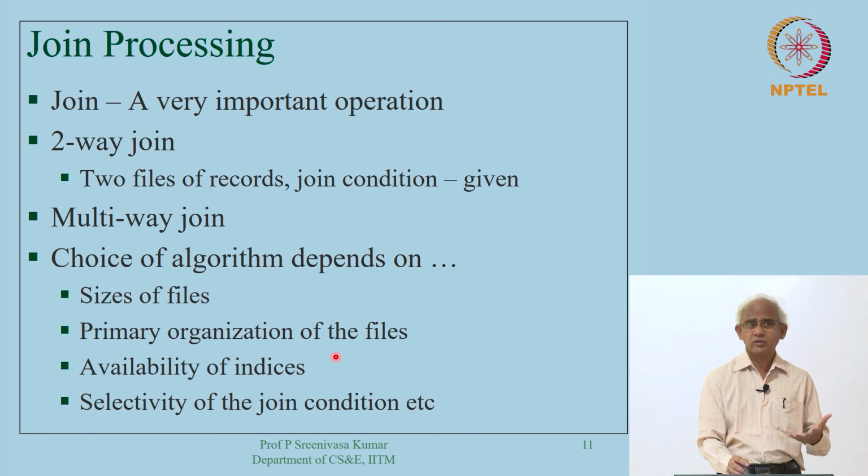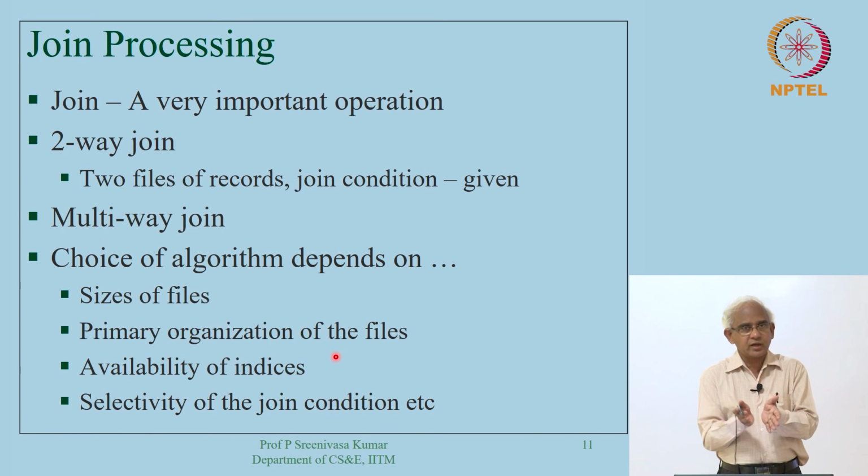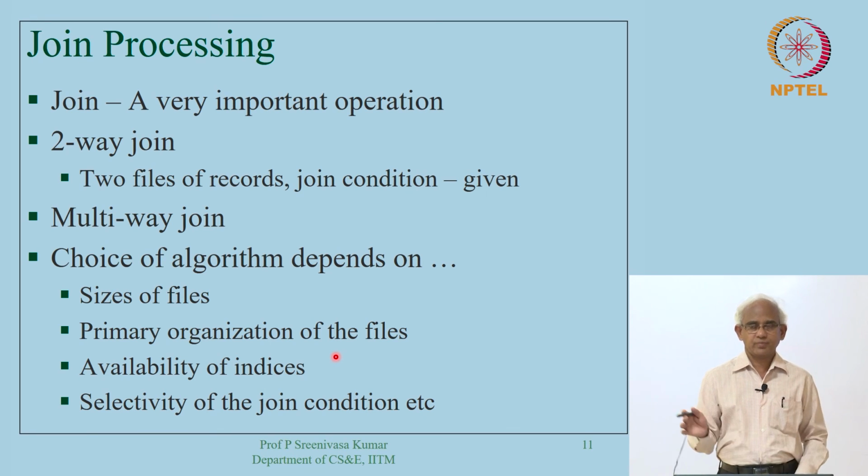Are they already sorted files? If they are already sorted files, while doing merging I can do the join actually. Something similar to merging I can keep doing, and in that process I can pick up joined records. We will just consider equi-join, let us say.